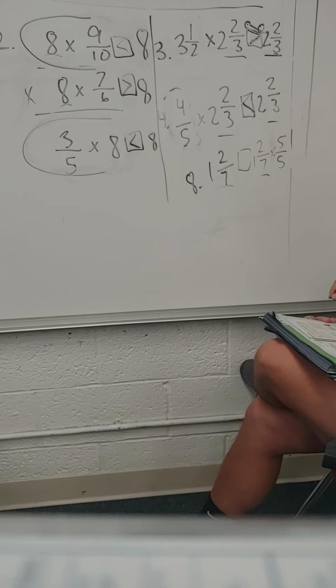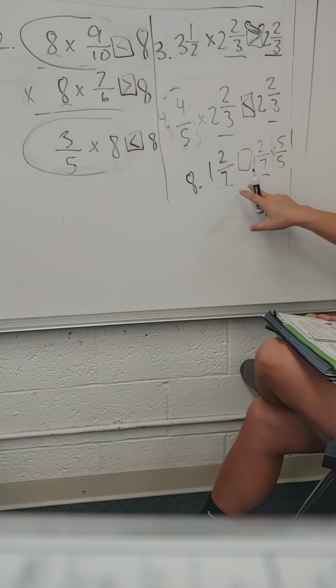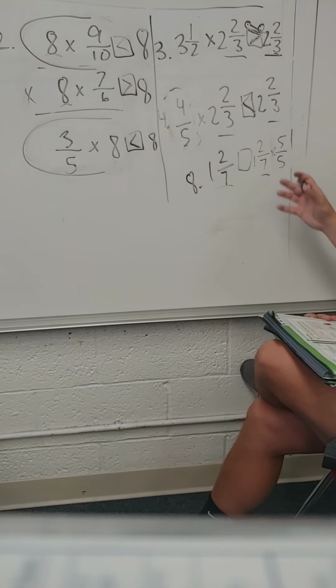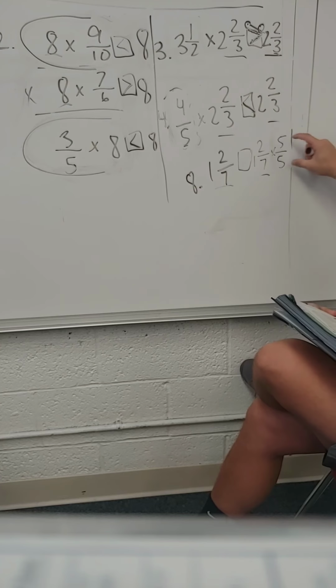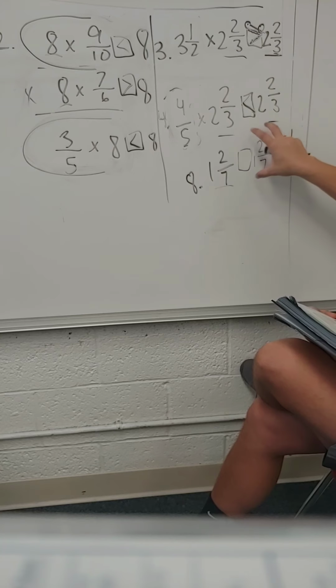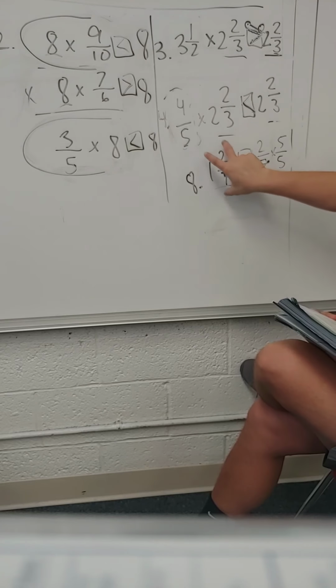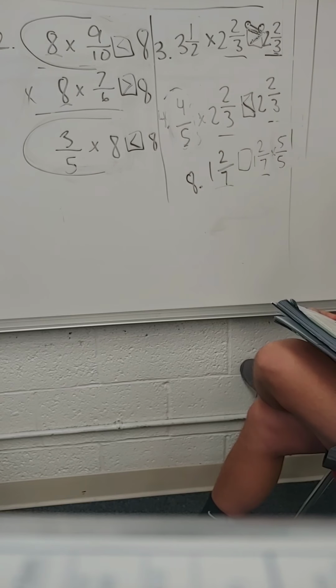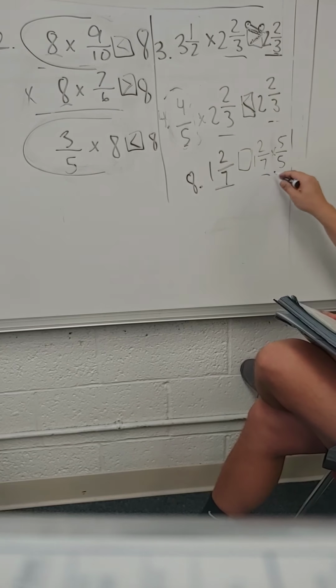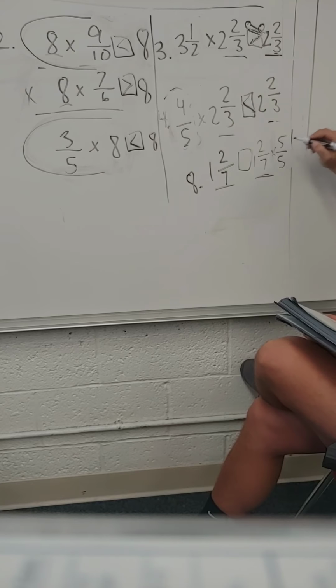Number 8, I wanted to include because it's different in the fact that they kind of flip it. It doesn't really matter which side we're talking about, guys. It's still the same thing. You're comparing this side to this side. Now, this side only has one number. This side has 2 numbers. But it's no difference. 1 2/7 is on both sides. And we're saying, if I multiply this side by 5/5, what's going to happen?